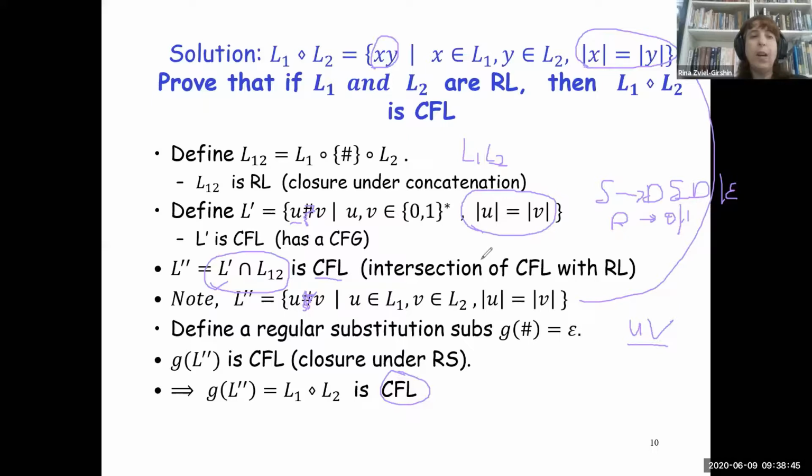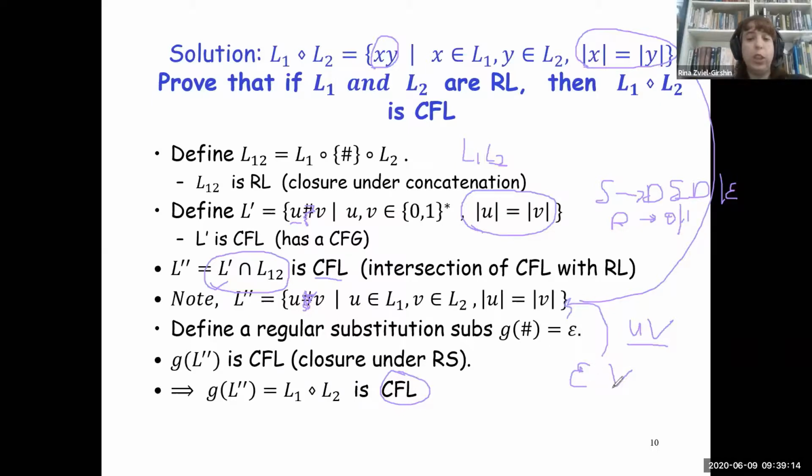So I can't claim that U equals V in length, and that U comes from L1. I can have a structure where U is an empty word that comes from L1, and V is an even length word that comes from L2. And this combination will belong to the new language.